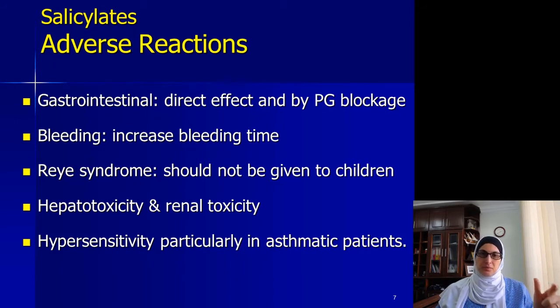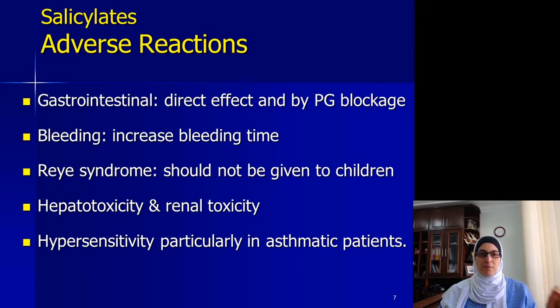Reye's syndrome would affect the brain and the liver in children, particularly when they are affected with a viral infection, and this is why we do not prescribe aspirin or any NSAIDs for a child with a viral infection. If a child has a common cold and you want to reduce the temperature and the pain, do not use NSAIDs.